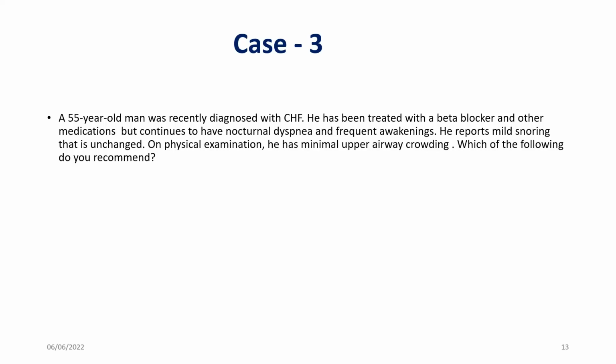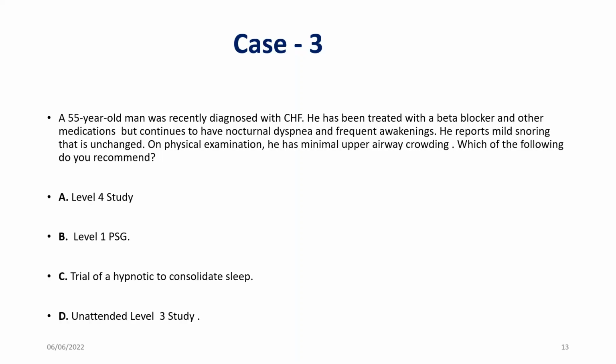Which of the following do you recommend? He has CHF, has been treated with beta blockers and other medications, but still has nocturnal dyspnea and frequent awakenings, and mild snoring that is unchanged. What should we do? Level 4 study, level 1 PSG, trial of hypnotics, or unattended level 3 study?